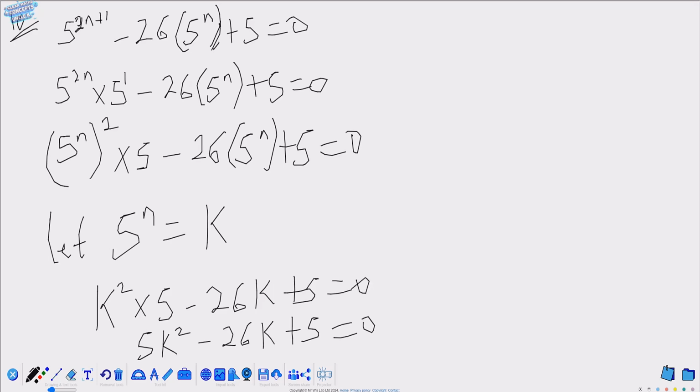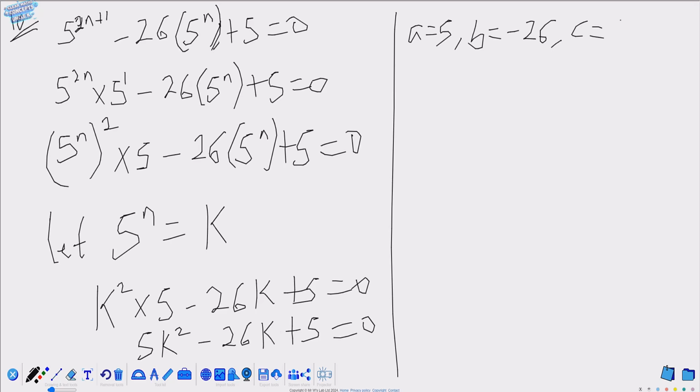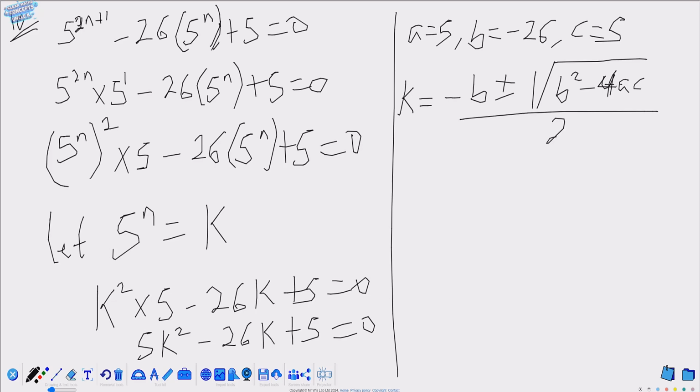So this is a quadratic. Your a is 5, b is minus 26, c is 5. So using the formula, you have k equals minus b. You first have to write out the formula: plus or minus square root of b squared minus 4ac over 2a.